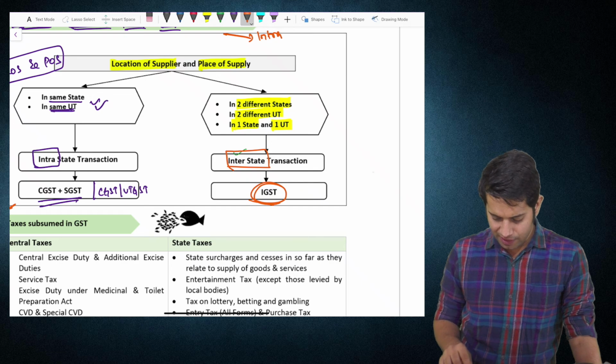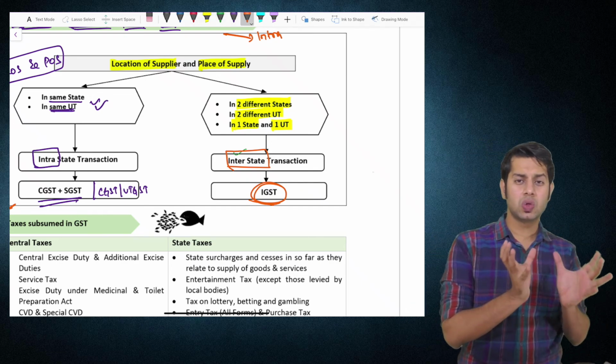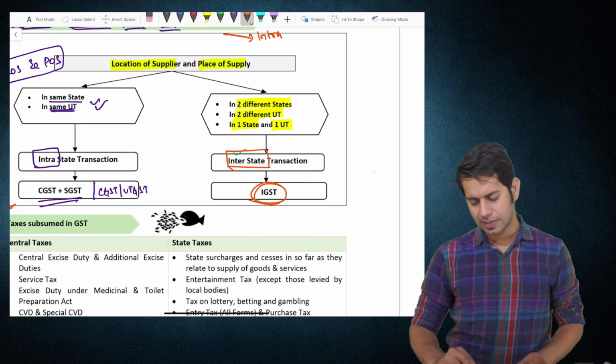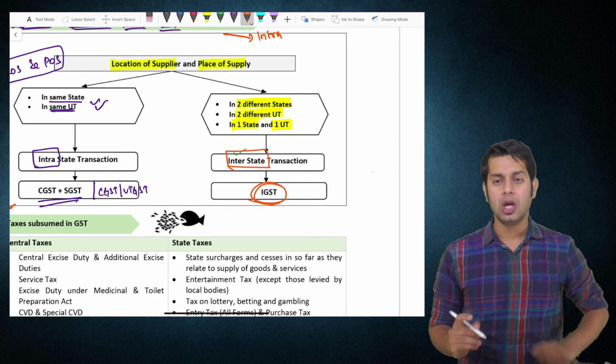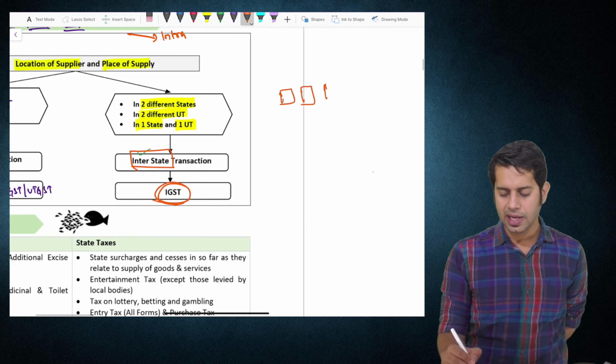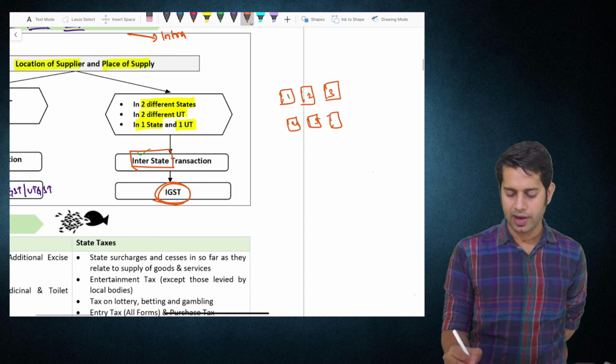Now, in simple words, what do you mean by interstate supply and intrastate supply? In our college days, you would have seen a competition happening. There are totally 6 colleges, college 1, 2, 3, 4, 5, 6.